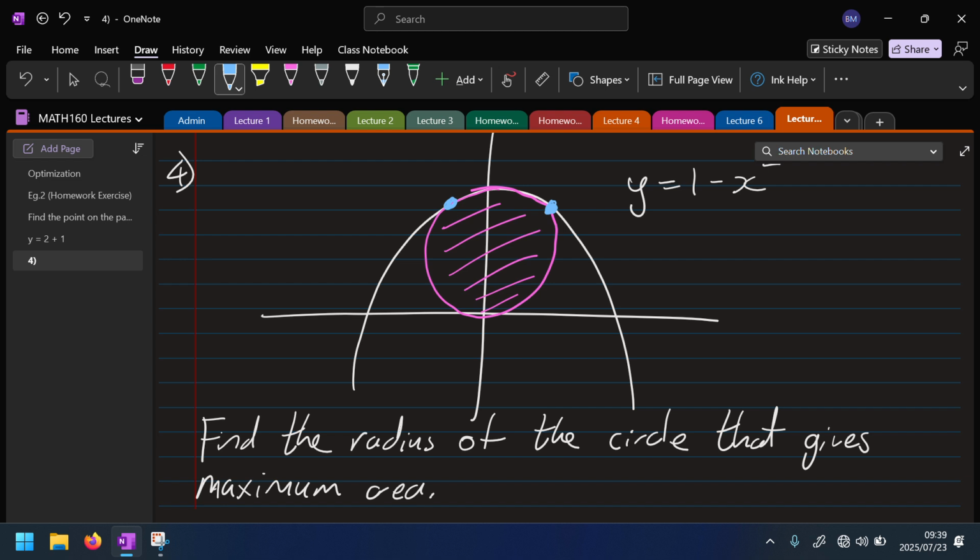Okay, think about the circle. What's the radius of the circle? So it's not from the turning point to the bottom, right? Where's it? Okay, the circle has radius 1, right? So ignore the parabola.